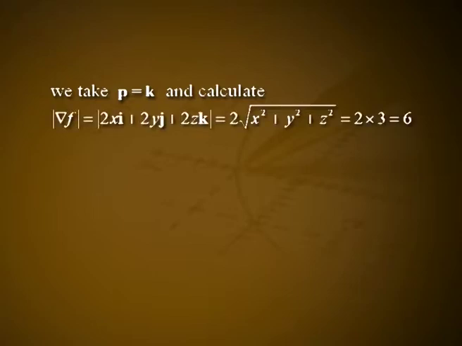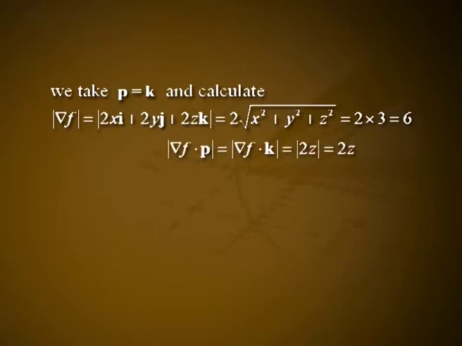We take p is equal to k and calculate: magnitude of del f is equal to magnitude of 2x i plus 2y j plus 2z k, which is equal to 2 into square root of x square plus y square plus z square, which is equal to 2 into 3, which is equal to 6.